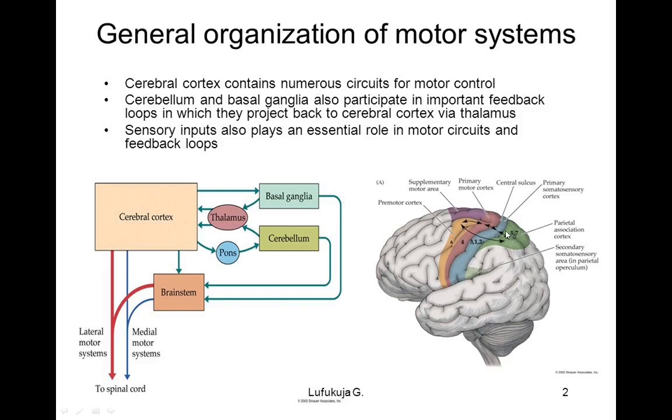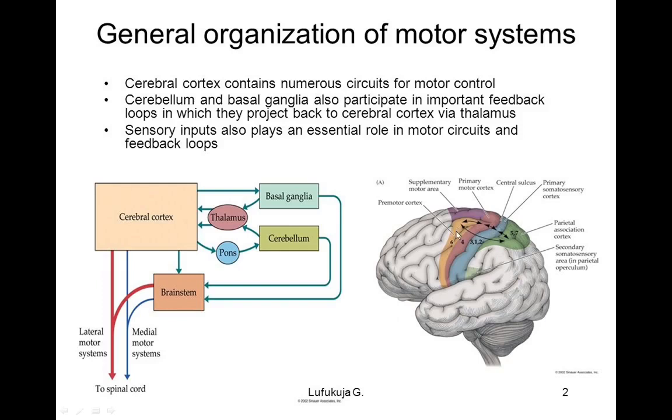So as I've said earlier, the premotor cortex concerns setting of posture, which is important as a background. For a movement to be executed, you need a background assumption of posture. So the background for execution of meaningful movements is assumption of posture. Understand?